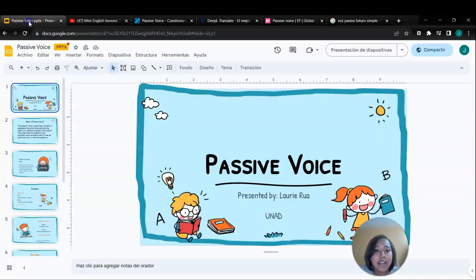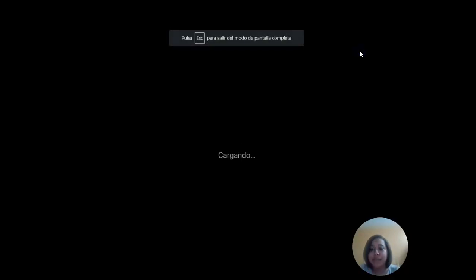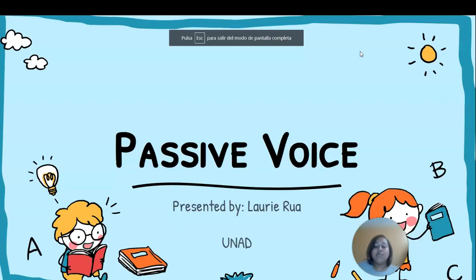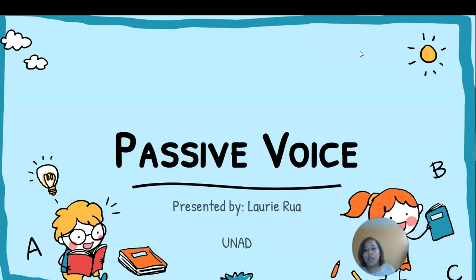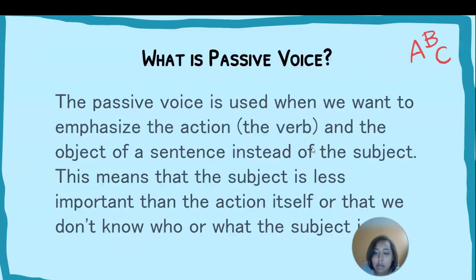All right, perfect. How are you guys doing? All good? All right, so it's time to dive a little more into what he was explaining about the passive voice. The passive voice is used when we want to emphasize the action, in this case the verb, and the object of a sentence instead of the subject.